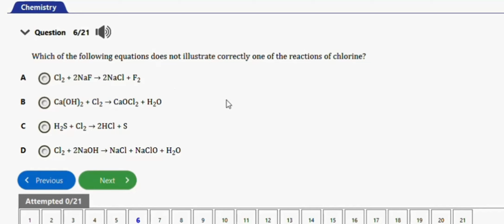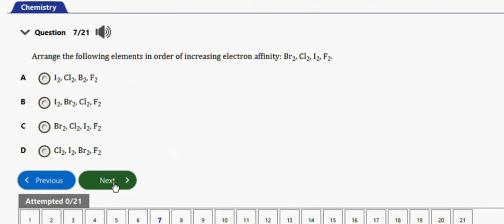That's it for this question. The next question will be this one. It says, arrange the following elements in order of increasing electron affinity. So electron affinity is a periodic property in which it increases across the period and decreases down the group.